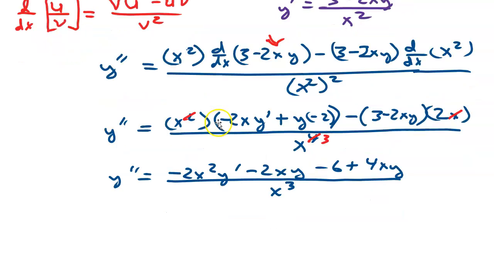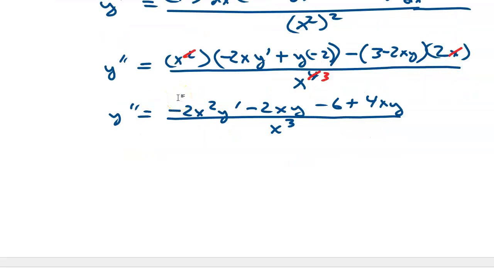All right, so we got a y prime there. We can't have y prime in the second derivative. Okay, so remember we already found y prime, so we're just going to substitute it in there. And that was 3 minus 2xy over x squared.